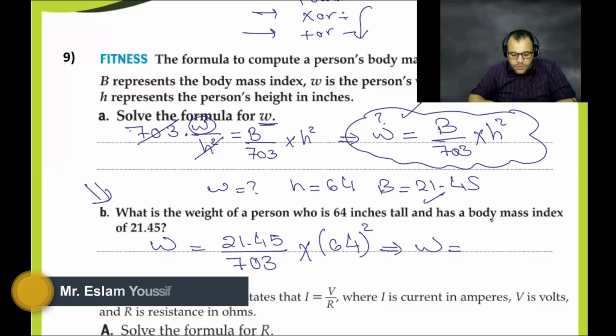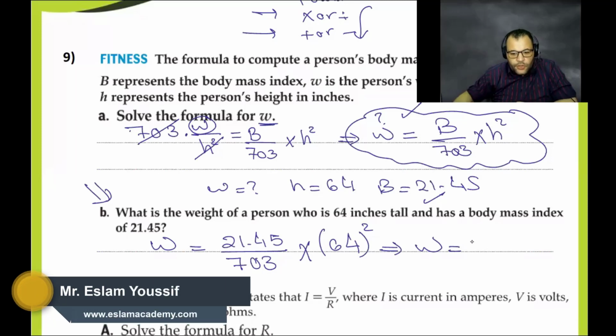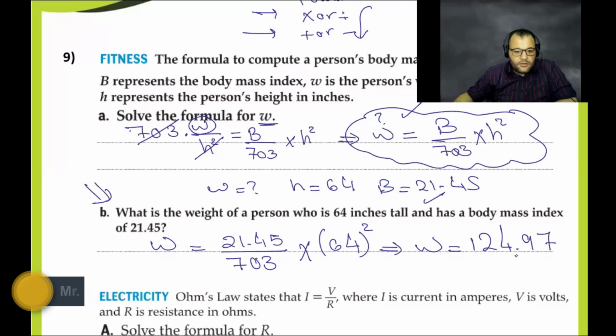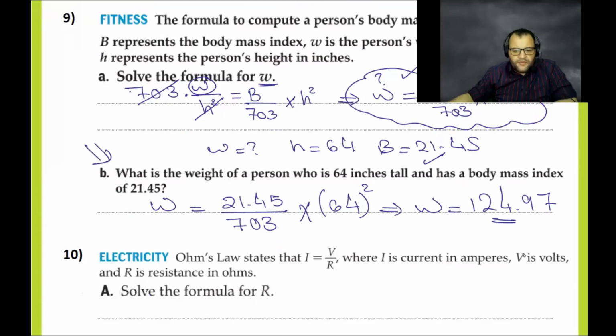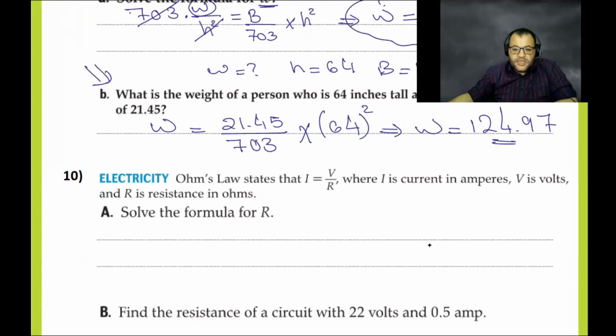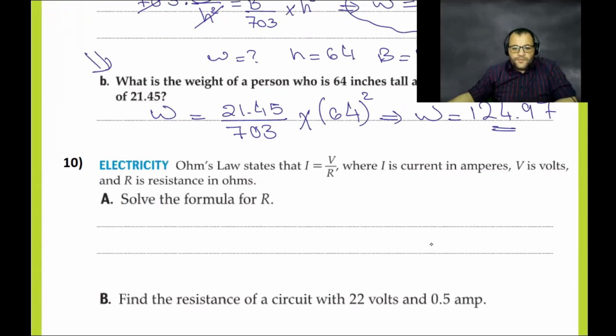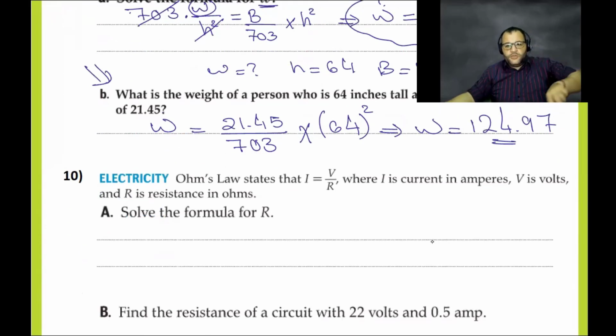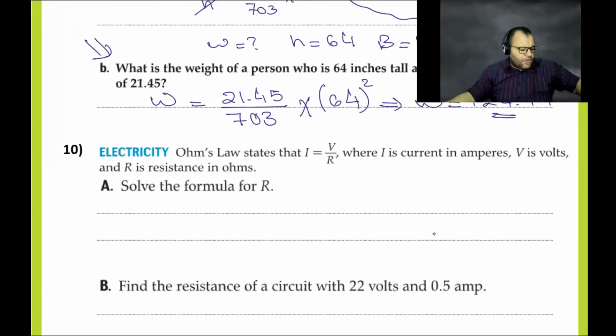That's the weight, an approximate value. We need only 2 digits after the point.